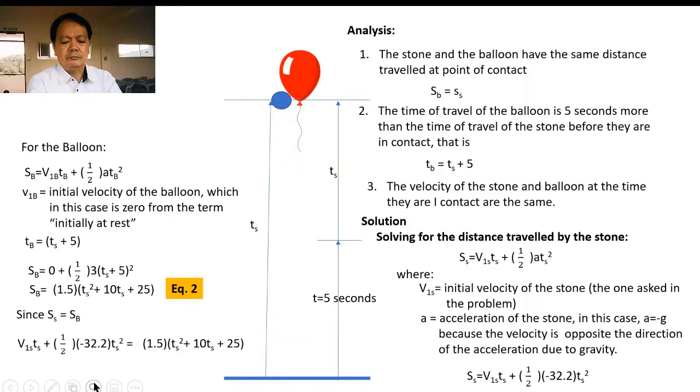From here, we have the relationship that V sub 1 times Ts minus 16.1 shall be equal to 1.5 Ts squared plus 15 Ts plus 37.5.